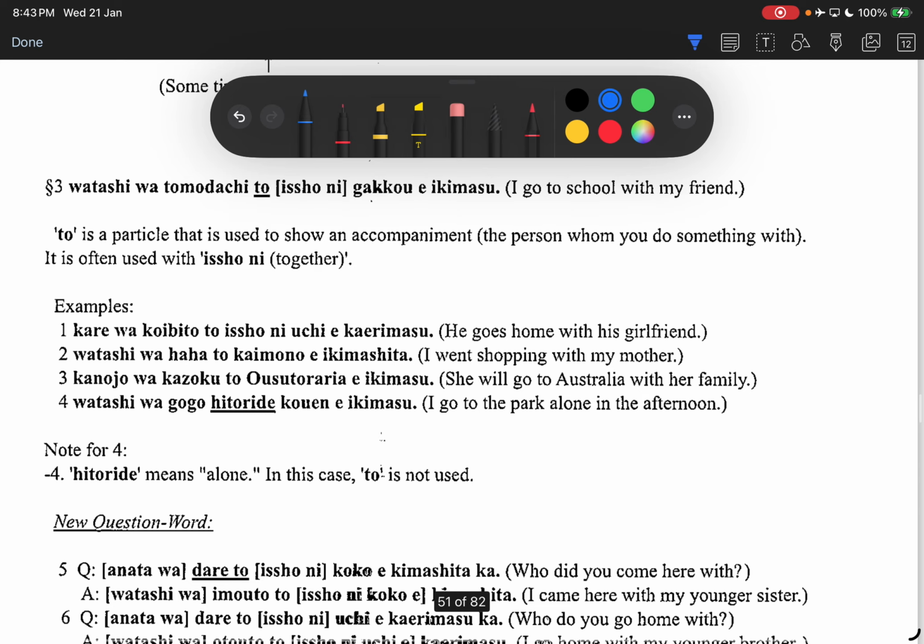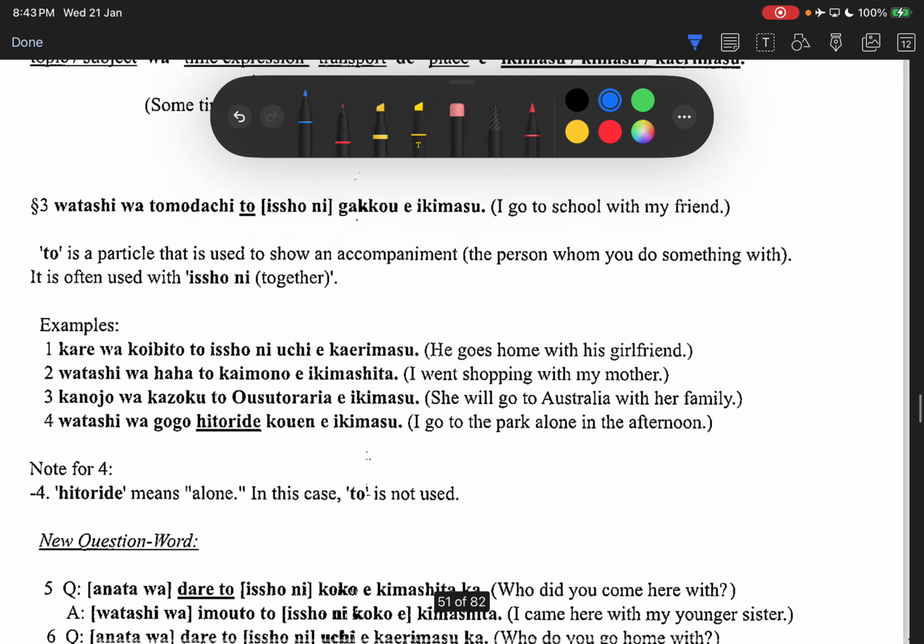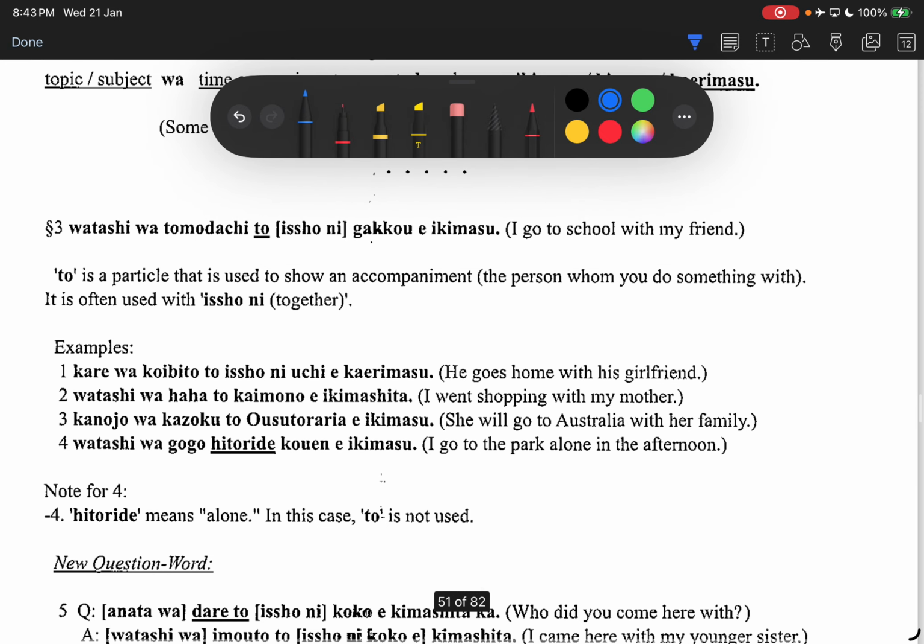Number 3. 私は友達と一緒に学校へ行きます。You can see this 一緒に is in square brackets, which means it's optional. I'll explain why. 友達と, this と you can think of in English as with. This is an accompaniment grammar particle. It's like I go to school with my friend.